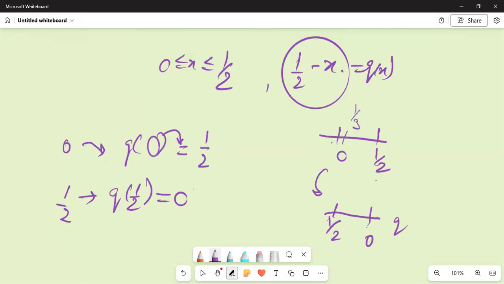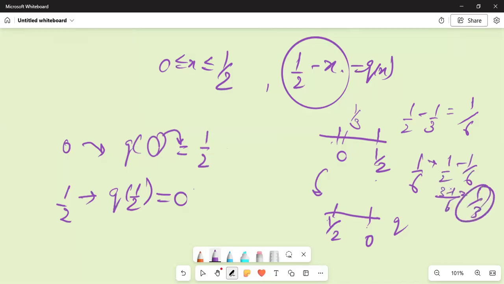If this is, for example, 1/3, then this becomes 1/2 minus 1/3, which is 1/6. So this becomes 1/6. And what does 1/6 become? This becomes 1/3. So this is happening with all the points between 0 and half: 0 becomes half using Q and half becomes 0.